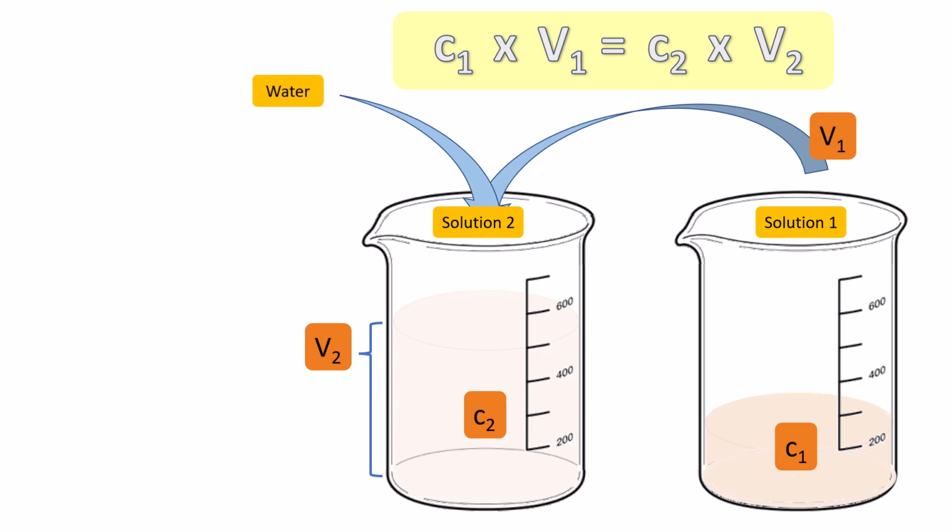An important strategy to note is that even though conventionally the number 1 refers to the initial, more concentrated solution, and the number 2 refers to the final, more dilute solution, it really does not matter if you switch them. The formula works just as well as long as the concentration and volume of the one solution are correctly paired up, and the concentration and volume of the other solution are also correctly paired up.